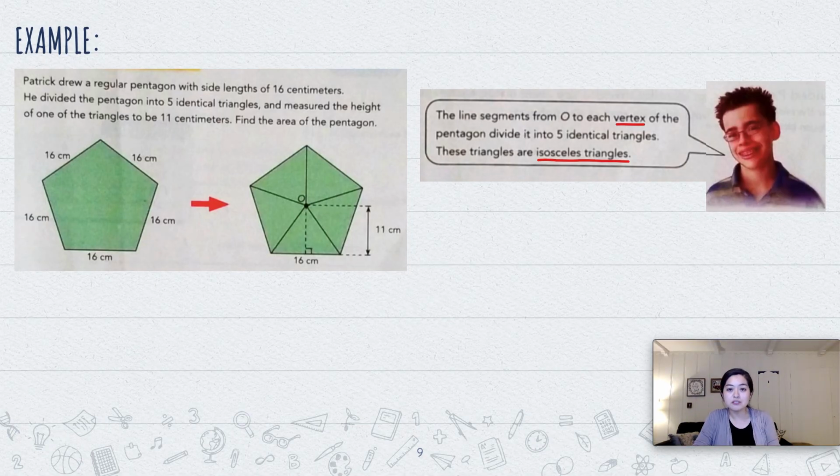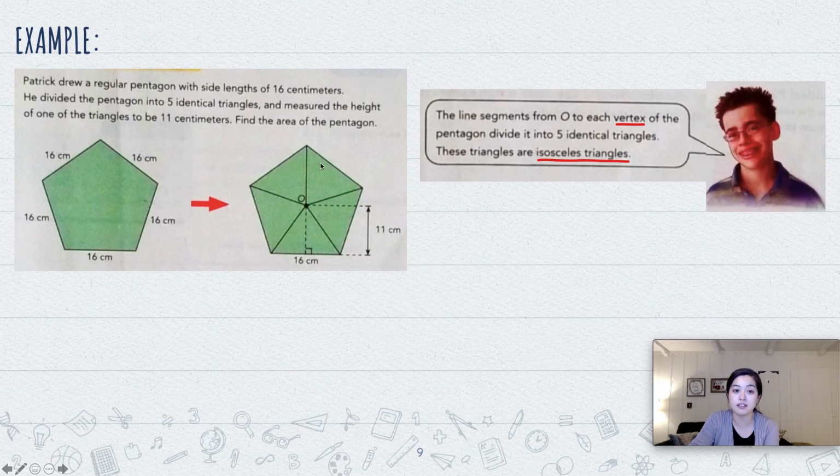The line segments from O to each vertex of the pentagon divide it into 5 identical triangles. Vertex means the point where each side of a polygon meets. So here's a vertex, here's a vertex, here's a vertex, here's a vertex, and here's a vertex, because this side and that side meet at the polygon, right?